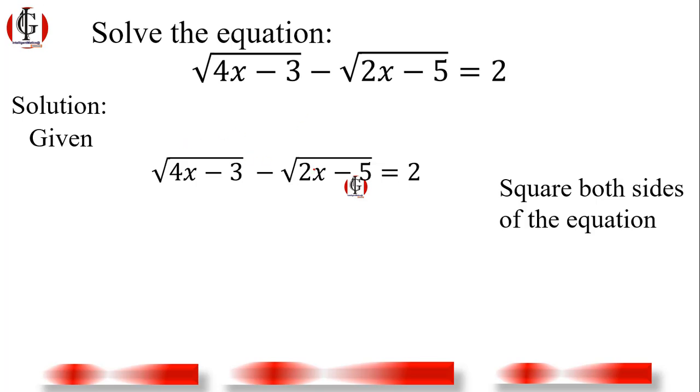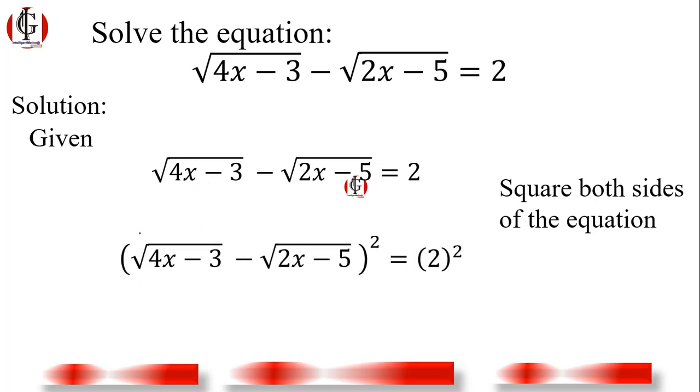We are going to have open bracket the square root of 4x minus 3 minus the square root of 2x minus 5 close bracket all squared equals 2 squared.